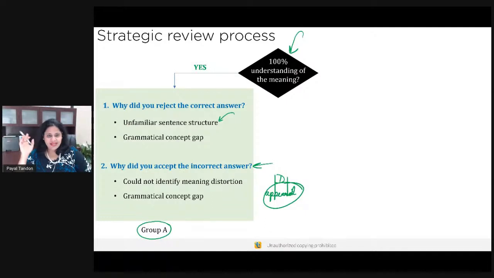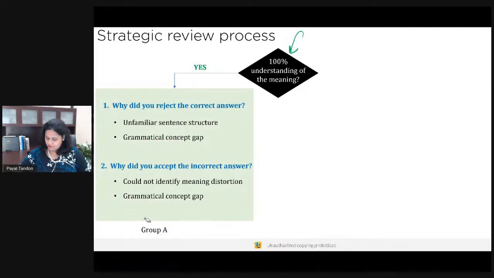But first, tell me, does this make sense? Because this is the crux of what we're going to be talking about. So does this group A analysis make sense?